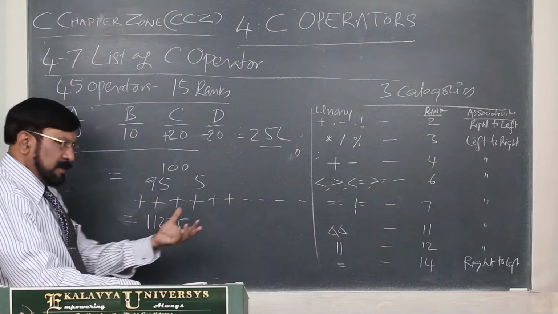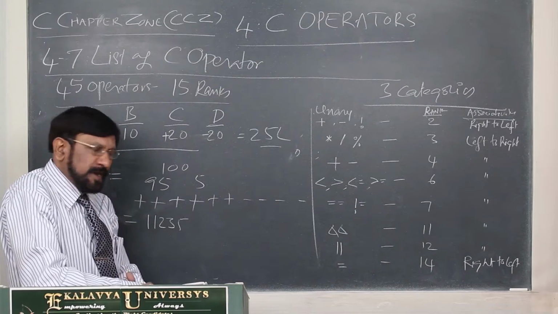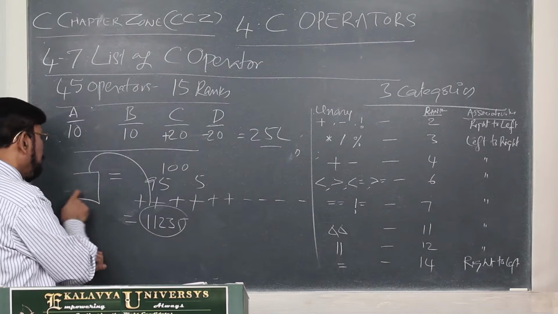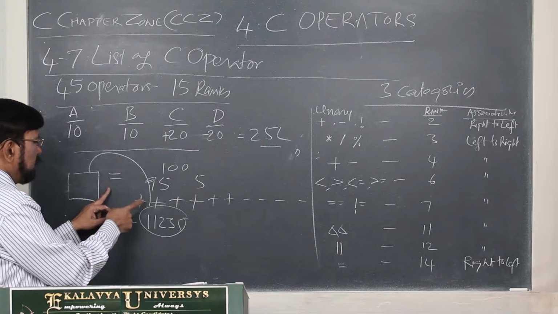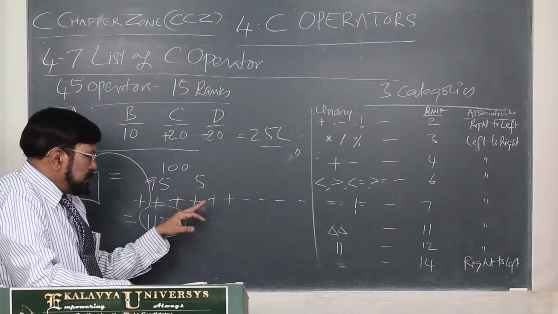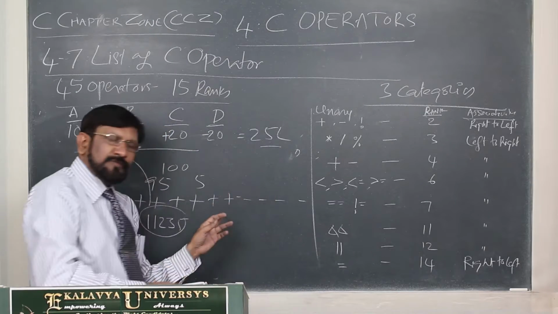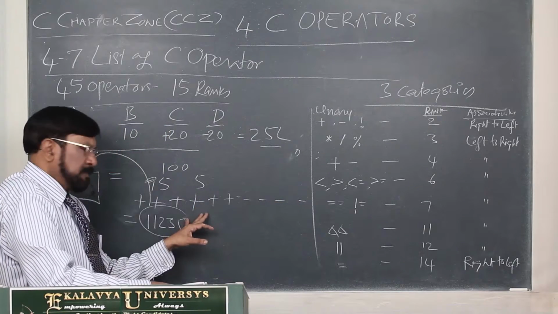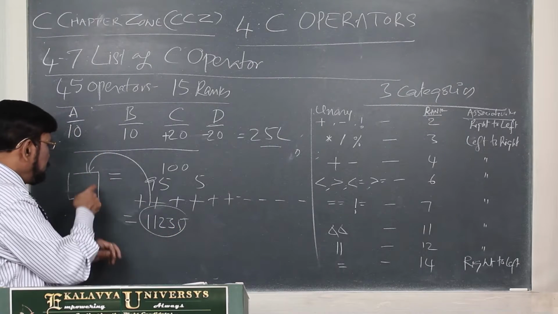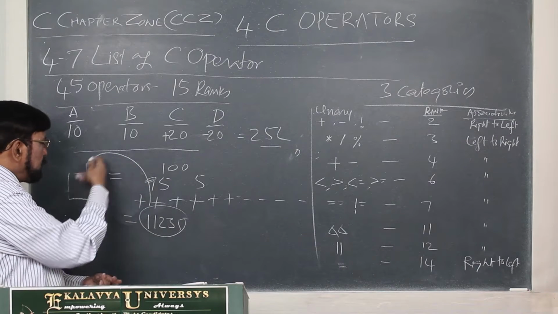Ultimately, the residual amount is 11,235. Then he is putting this amount into a locker, iron safe. After performing all these 100 operations, 95 plus operations and 5 minus operations, one figure is arrived at, and that figure is stored in the iron safe. That is assignment.